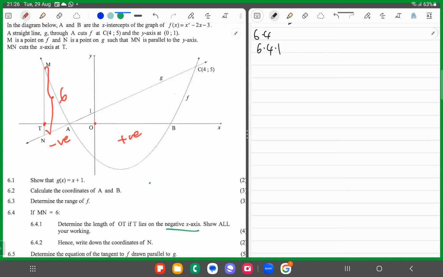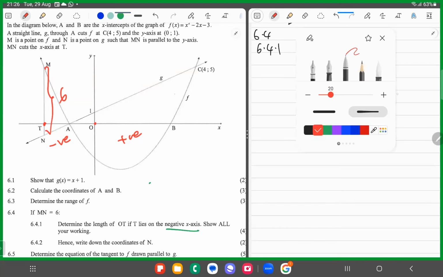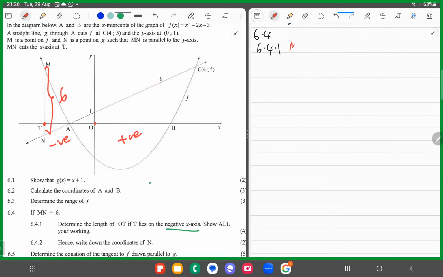A little trick. In this question, you're interested in MN. So MN is going to be the difference between the two functions, or we say that MN is going to be the upper curve minus the lower curve.